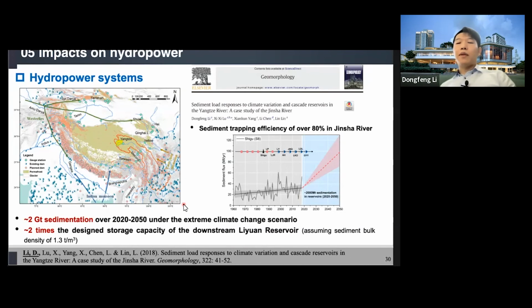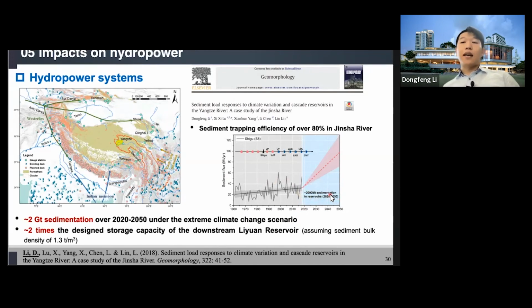The increasing river sediment also has implications for hydropower systems. For example, when there is more river sediment from the upstream mountains and the river is dammed, most of the sediment will be trapped behind the dam. Using the example of the Upper Yangtze River, we estimate that over the next 3 decades, under the extreme climate change scenario, there will be roughly 2 gigatons of reservoir sedimentation.